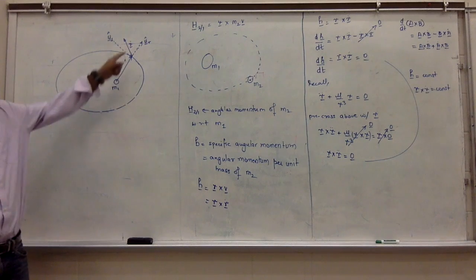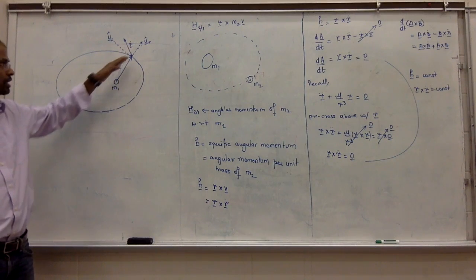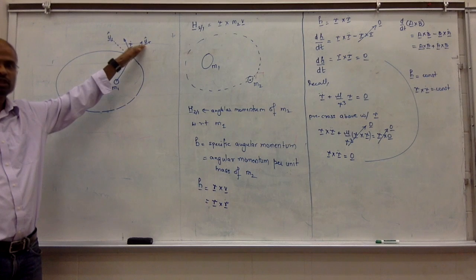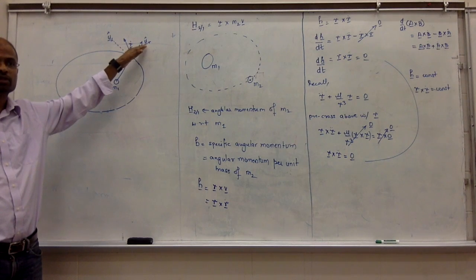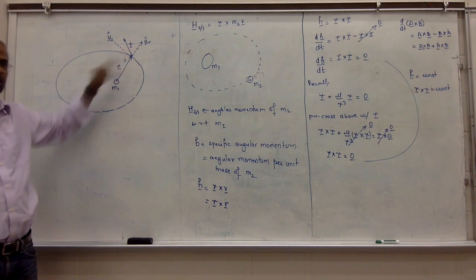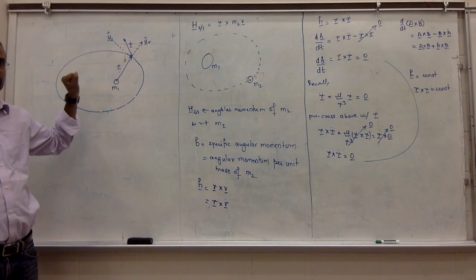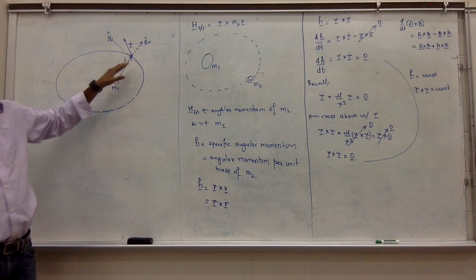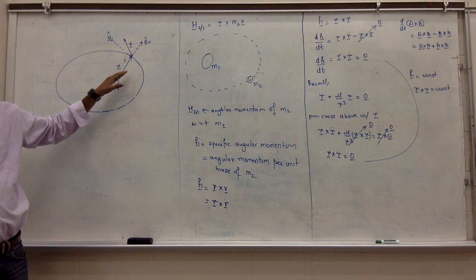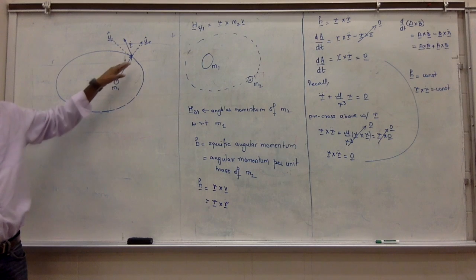R dot is a velocity. So there is a radial component. What is this radial component? This radial component is responsible for overcoming the acceleration due to gravity. What direction is the acceleration due to gravity acting? In the radial direction.